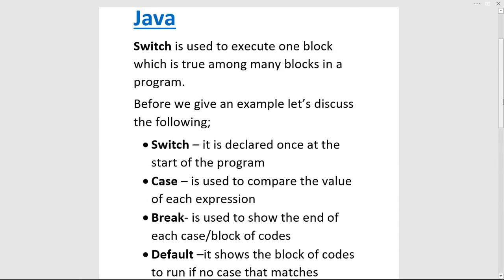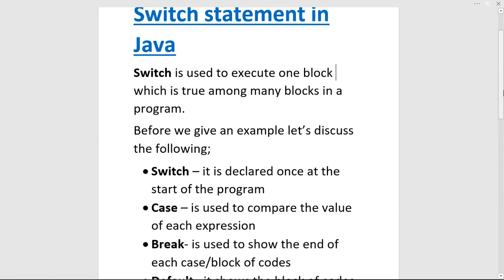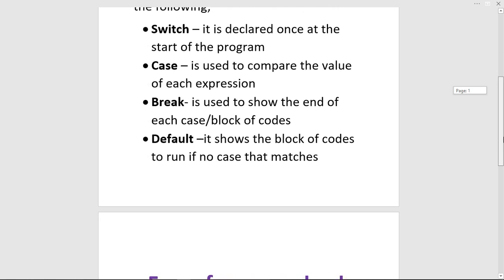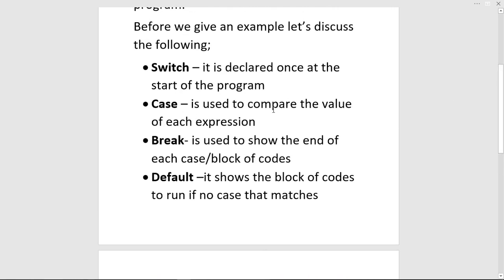In this tutorial we are going to discuss switch. Switch is used to execute one block which is true among many blocks in a program. As you have seen in our syntax, switch is declared at the start of the program, and it's used to compare the value of each expression.